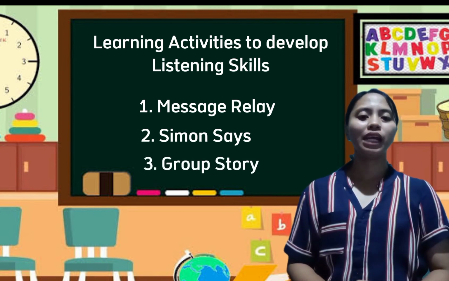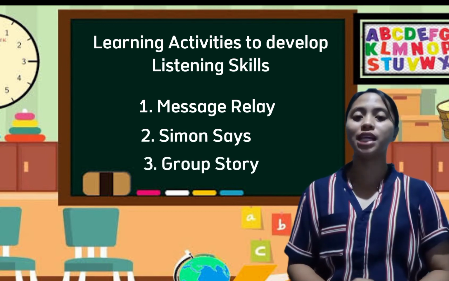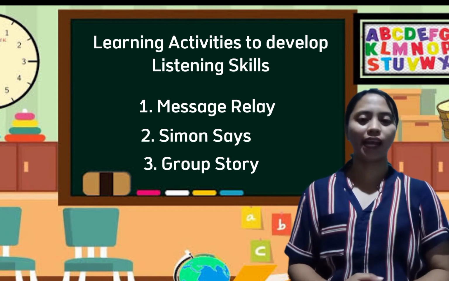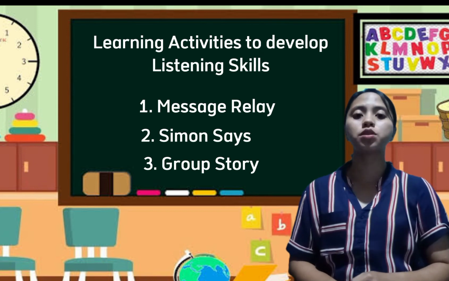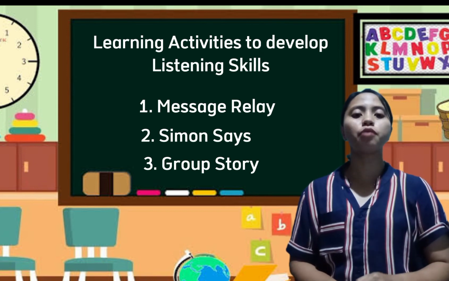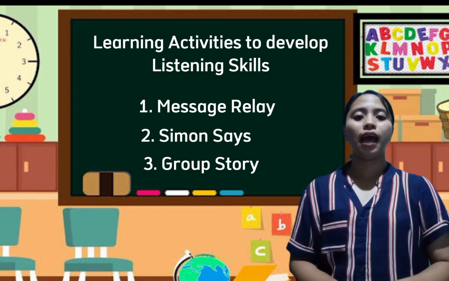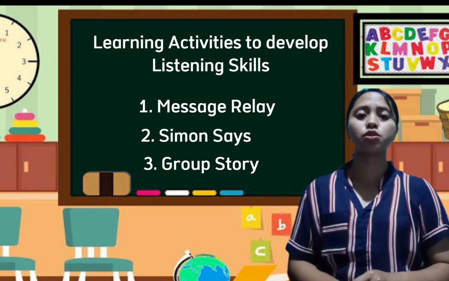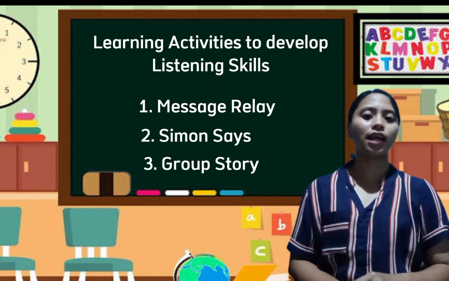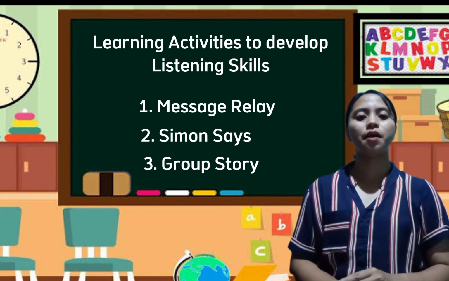And for the last activity, we have the group story. In this game, the students have to actively listen to everyone's ideas. One of the participants will start this game by saying a few words or a phrase, and then the next participant will add to it based on what the previous sentence said.